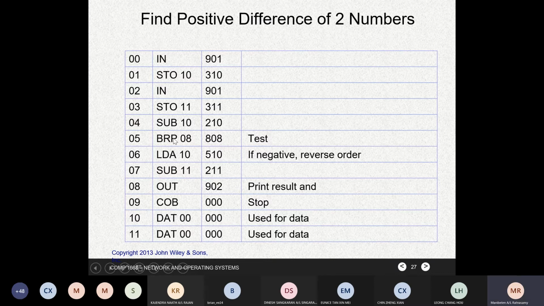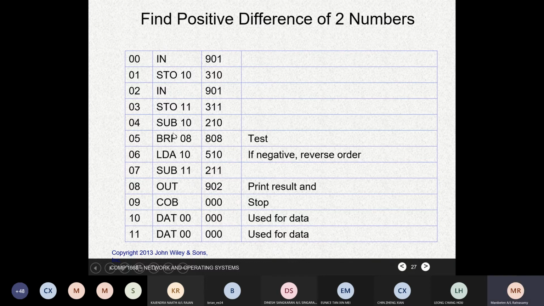Branch on positive. For example, if the first value is 4, the second value is 2, when you subtract the second value from the first value, you get 2. And that is positive.